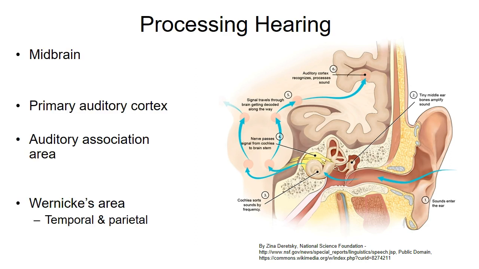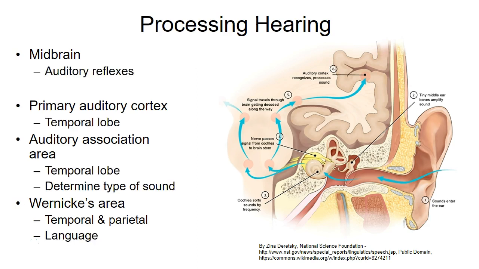So then we're going to be using Wernicke's area to actually interpret that speech language, right? So here, the processing that goes on, the primary auditory cortex, remember primary is always referring to that brain area that is actually receiving and processing the information.